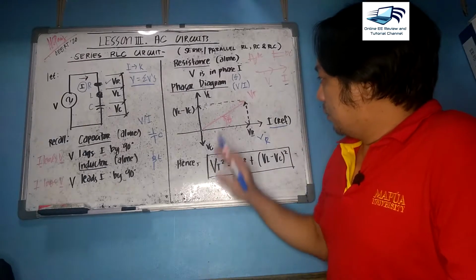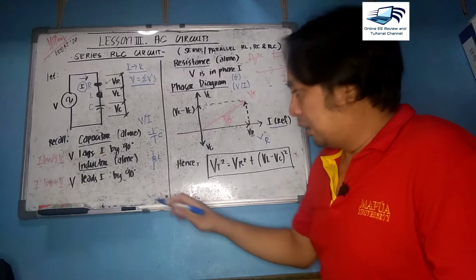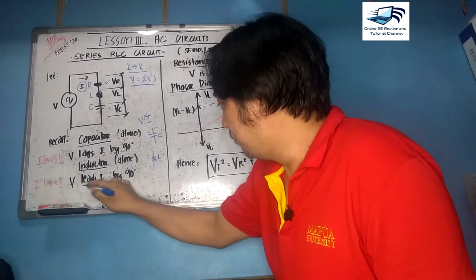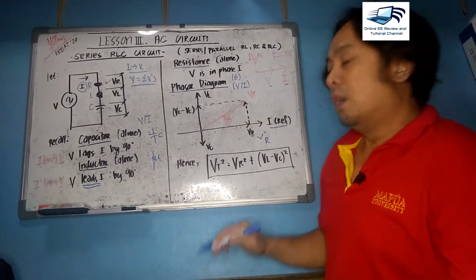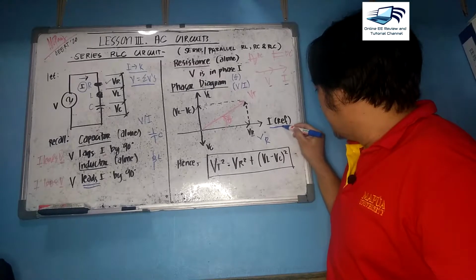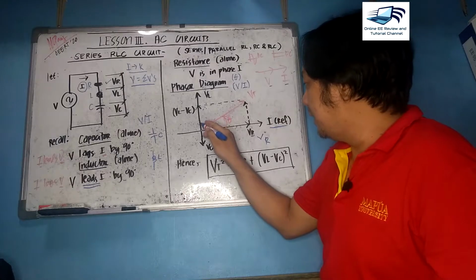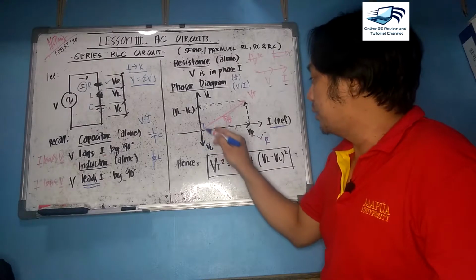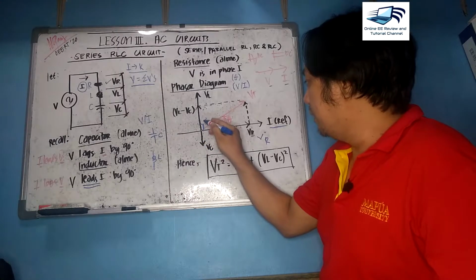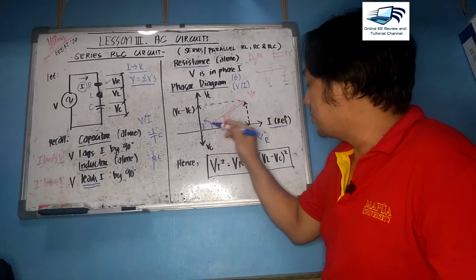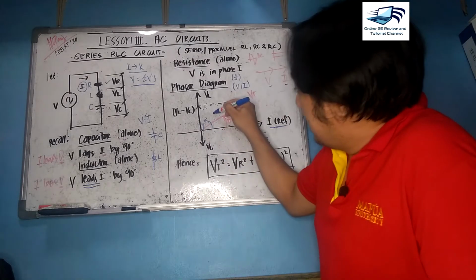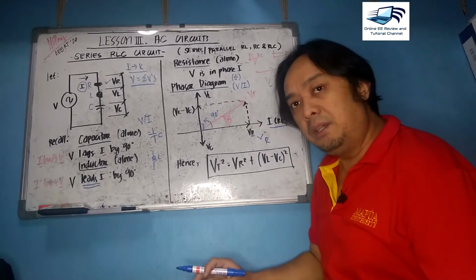Next we go to the inductor. In the inductor, the voltage will lead the current. If your current is the reference here, it's very obvious that you turn the angle 90 degrees in the counterclockwise direction. We have mentioned this in some of the lessons: that is 90 degree leading.